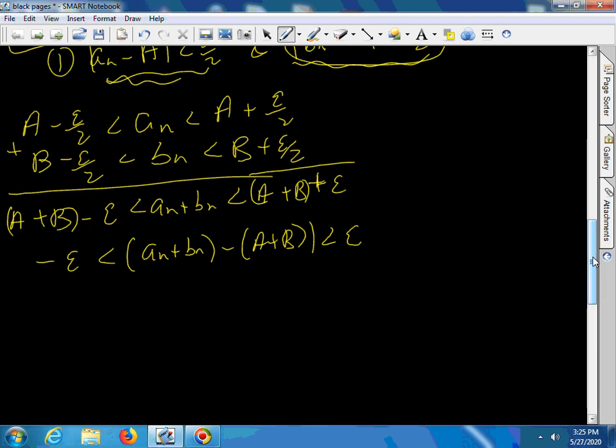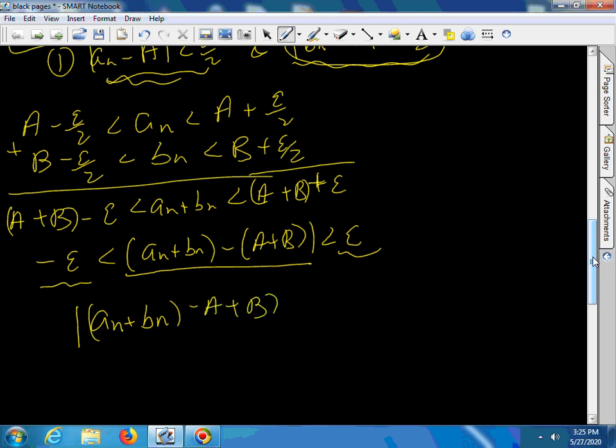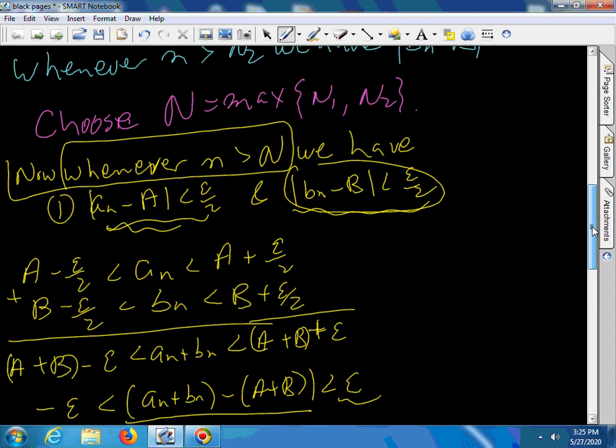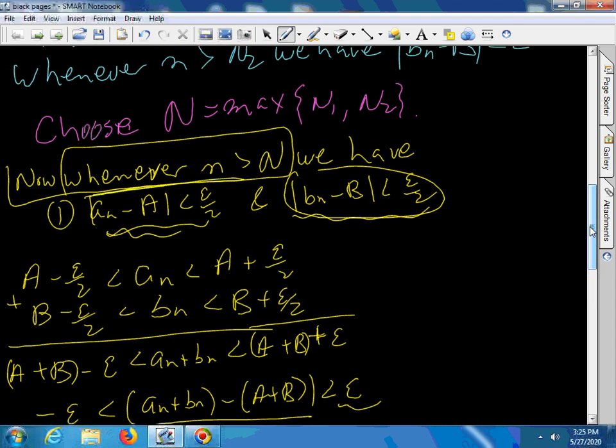But if this is between negative epsilon and epsilon, that means that the absolute value of this must be less than epsilon. But again, every statement that I just wrote is when n is bigger than capital N.